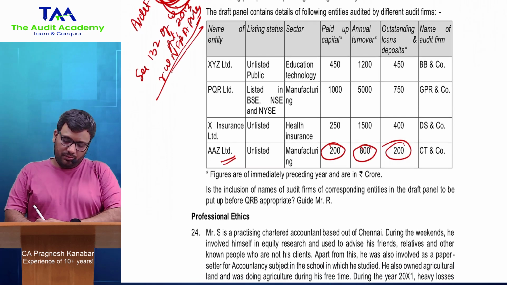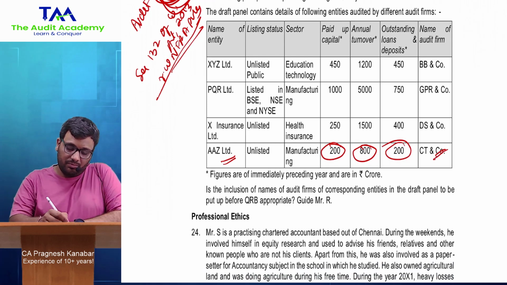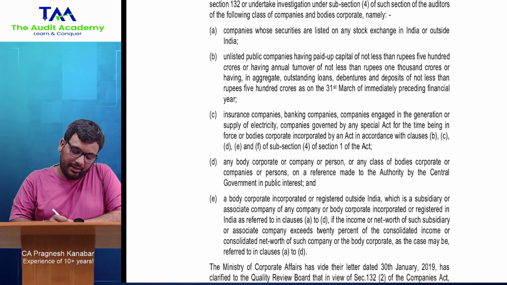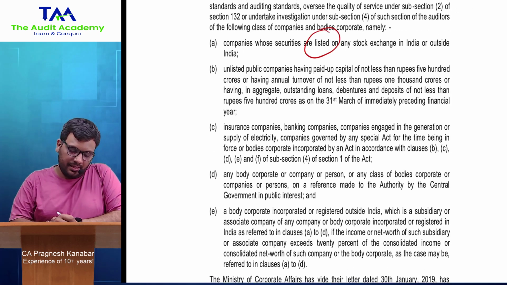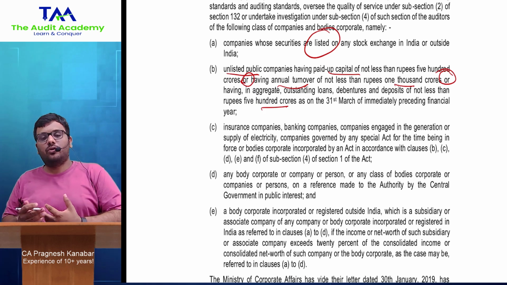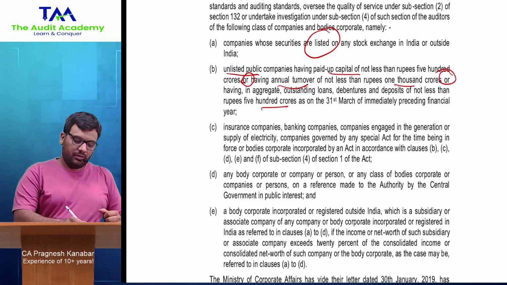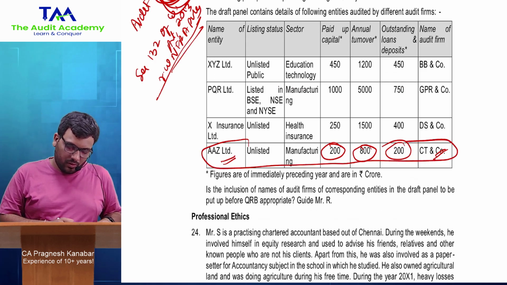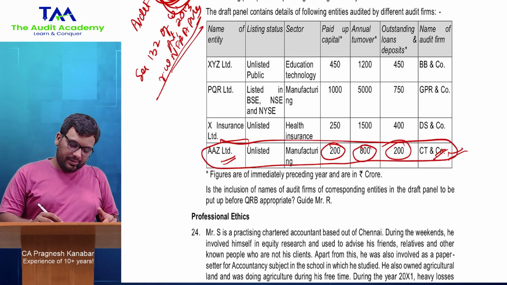All right, तो इसको वो लोग टच कर सकते हैं, not a problem. Look at this everyone over here, क्योंकि लिस्टेड NFRA में आ जाता है. अनलिस्टेड पब्लिक कंपनी जिसका पेड अप कैपिटल 500 करोड़ और मोर हो, टर्नओवर 1000 करोड़ और मोर हो, और इन एग्रीगेट लोन्स, डिबेंचर्स, डिपॉजिट्स वगैरह 500 करोड़ और मोर हो, तो वो भी आ जाता है. तो इसमें अगर आप देखोगे तो ये एकदम परफेक्ट बैठ जाता है and this Quality Review Board can select.